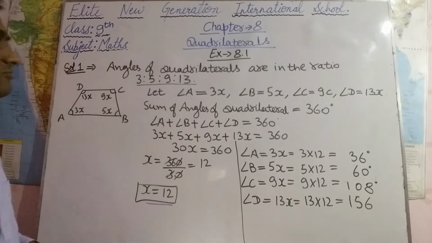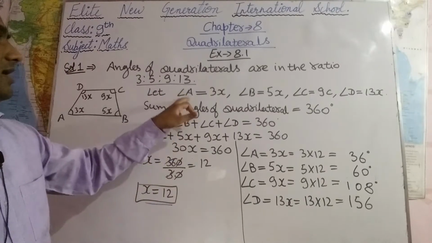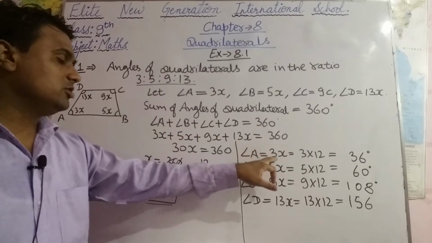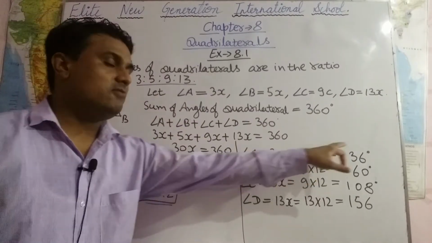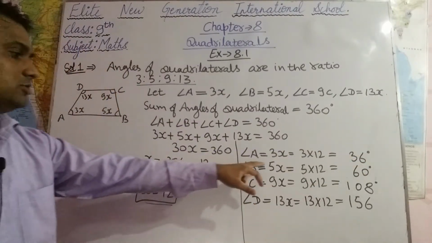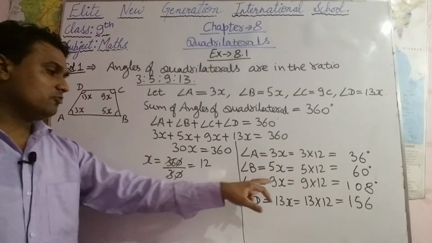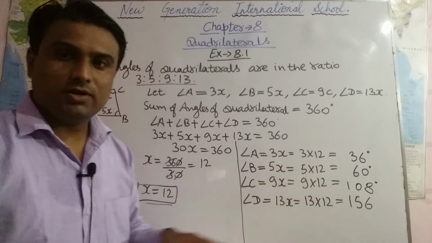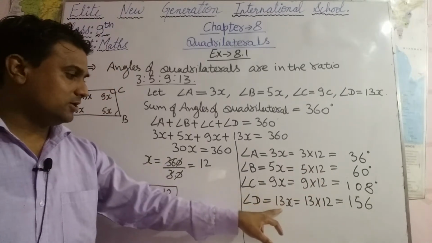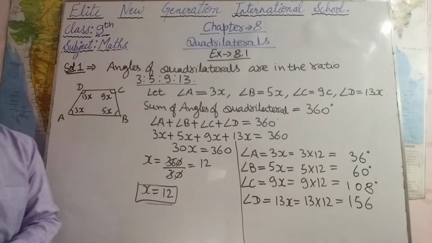Now we can put this value of x in these angles. So angle A equals 3x, that is 3 into 12, 36. Angle B equals 5x, so 5 into 12, 60. Angle C equals 9x, 9 into 12, 108, and angle D equals 13x, 13 into 12, 156.